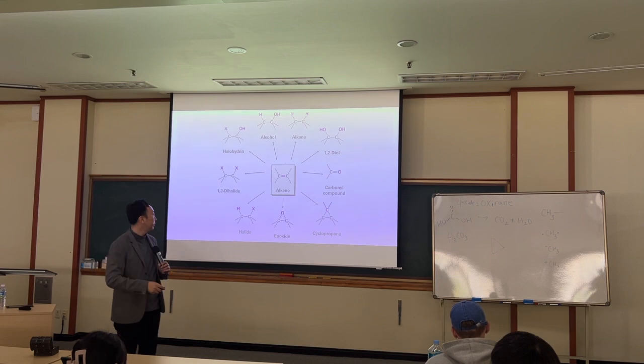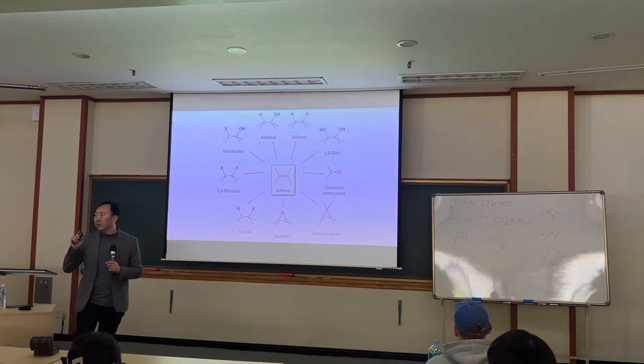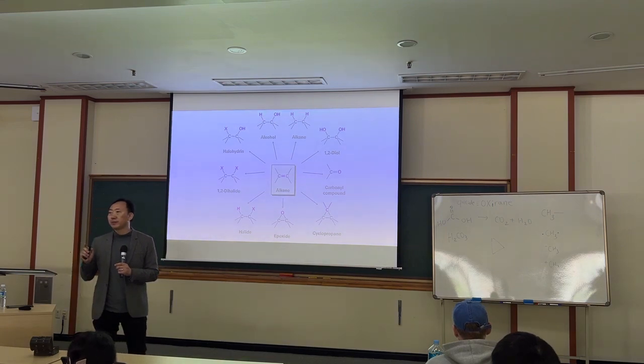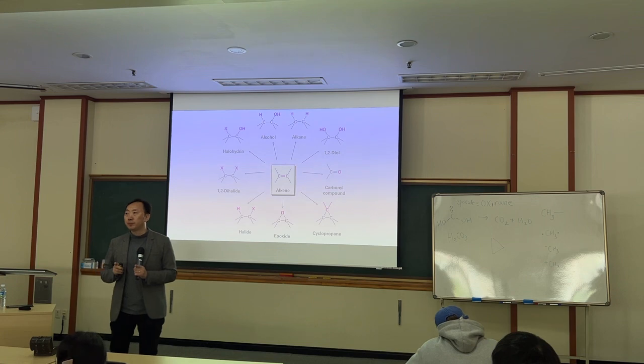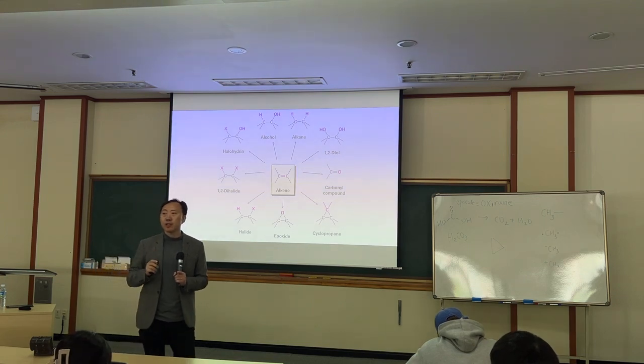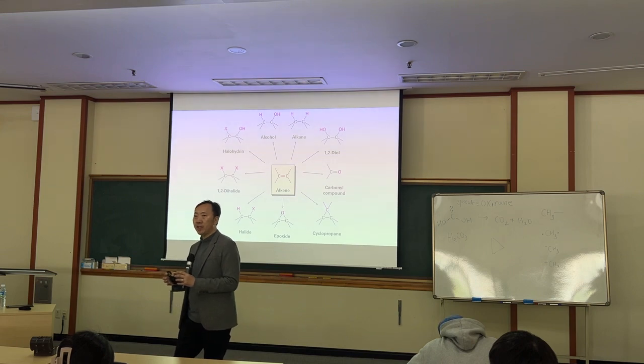One more thing, carbene. We learned the carbene today, the reagent that can make cyclopropane. Two reagents: one was chloroform with a strong base, then CCl2 could be added.